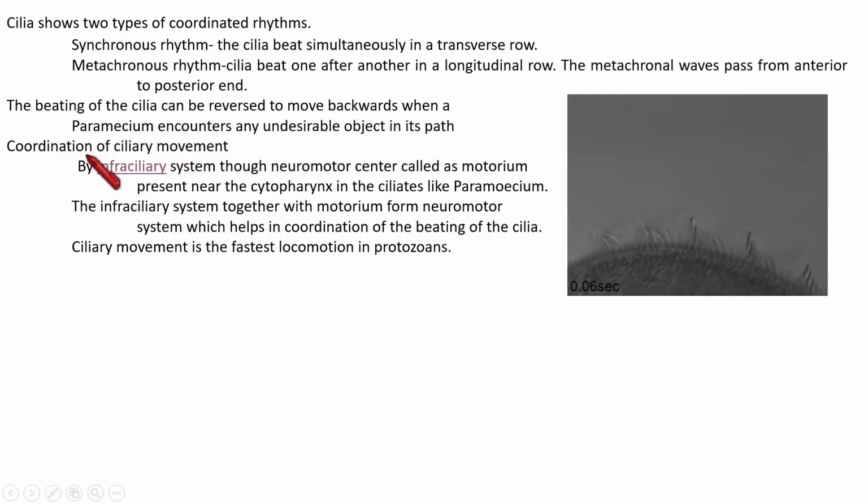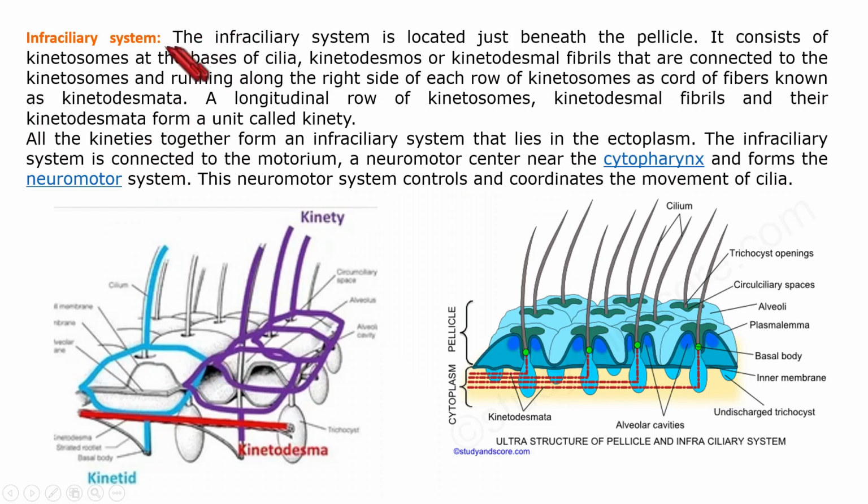Then how does the coordination of that ciliary movement happen? It is with the help of a system called the infraciliary system. What is the infraciliary system, that I am going to explain to you. This is shown in these two pictures.